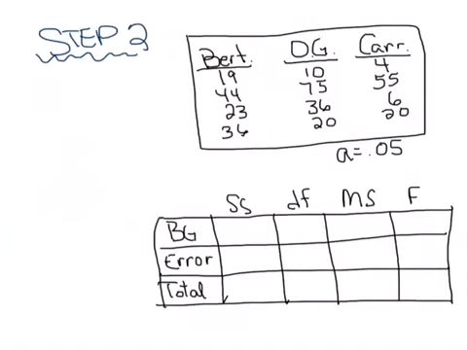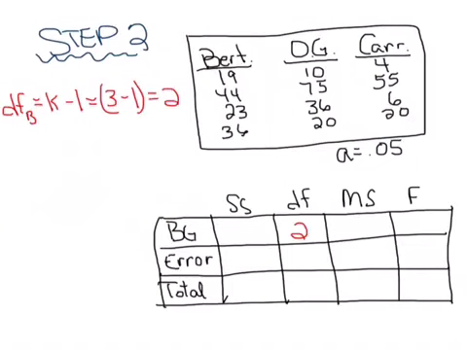First, degrees of freedom between is k minus 1. k is the number of groups. We have 3 groups minus 1, so 3 minus 1 equals 2.